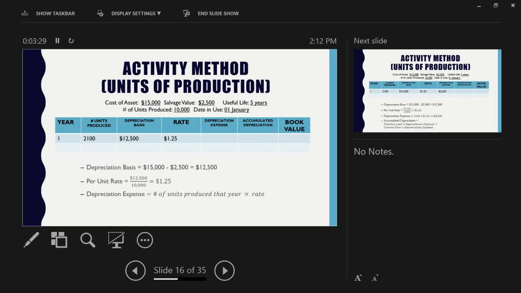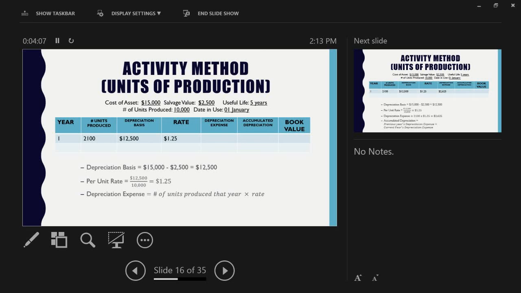Okay. The next thing is we're going to solve for the depreciation expense. What's the formula for that? Number of units times the rate. So what numbers are you going to be using? 10,000 times 1.25. Not 10,000. Let's look at the equation again. Number of units produced that year. Let's look at the column over here.